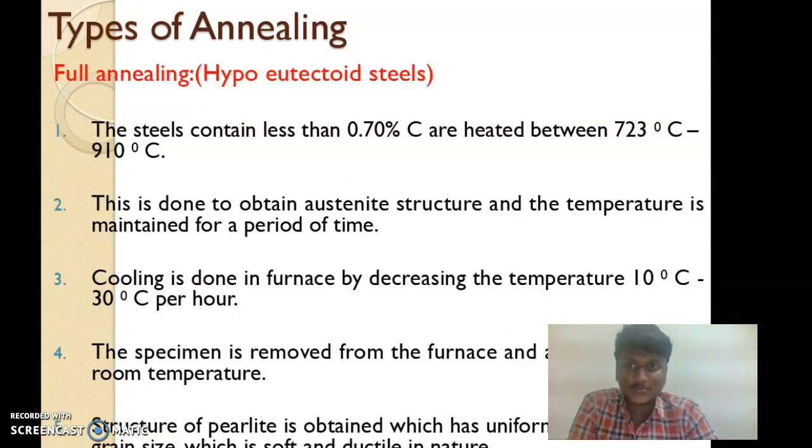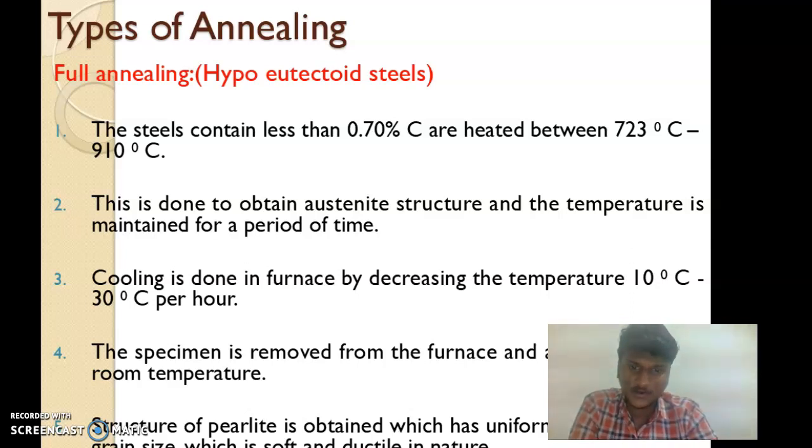In annealing, there are types like full annealing and process annealing, and here is the full annealing. It is mostly suitable for hypoeutectoid steels, the steels containing less than 0.7 percent of carbon, which are heated up to 723 degrees to 910 degrees. This is done to obtain the austenitic structure and the temperature is maintained for a period of time.